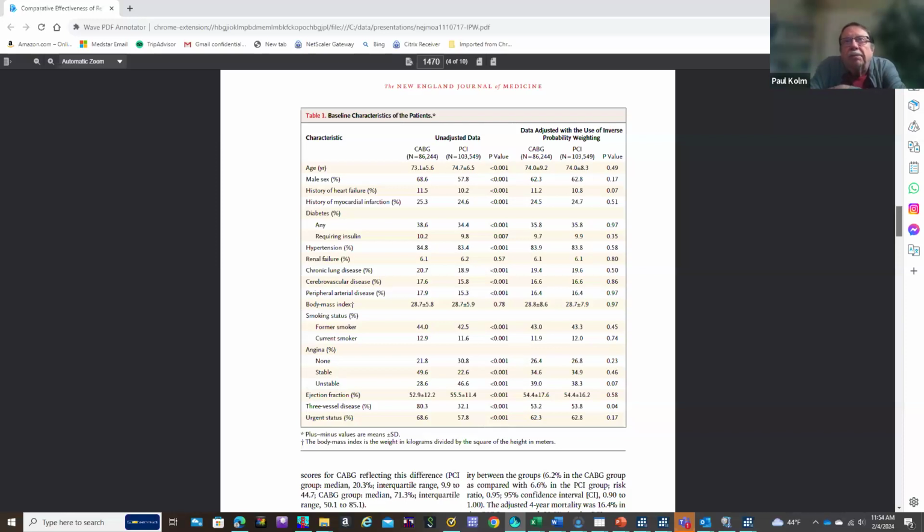I would have preferred to use standardized differences here rather than p-values. But once we apply the inverse probability weighting, you can see that the p-value becomes quite a bit larger than 0.001 for most of these.